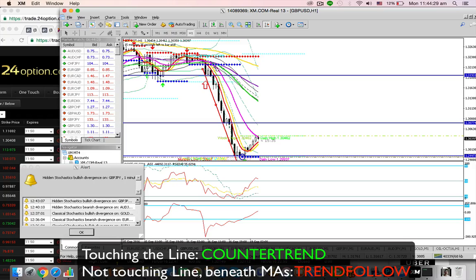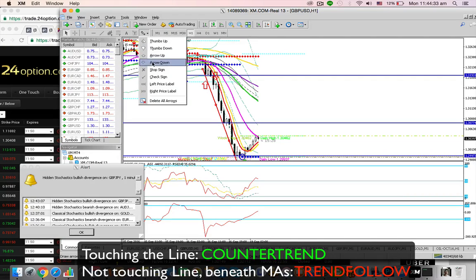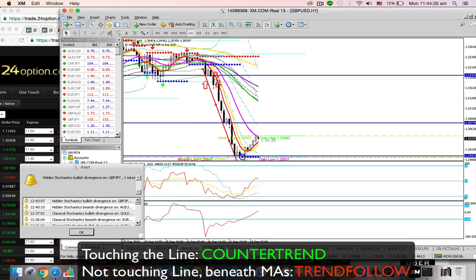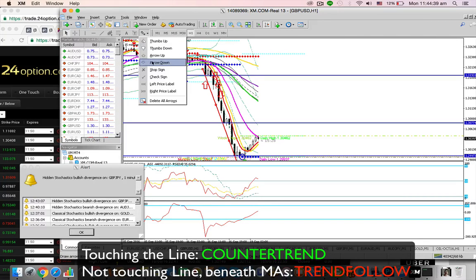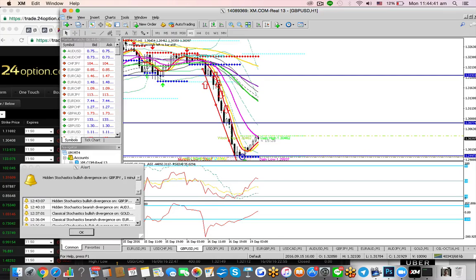With the trend, you could be basically going with the trend for this entire part. Basically all these ones over here. That's against the trend, with the trend, and then against the trend, and with the trend.